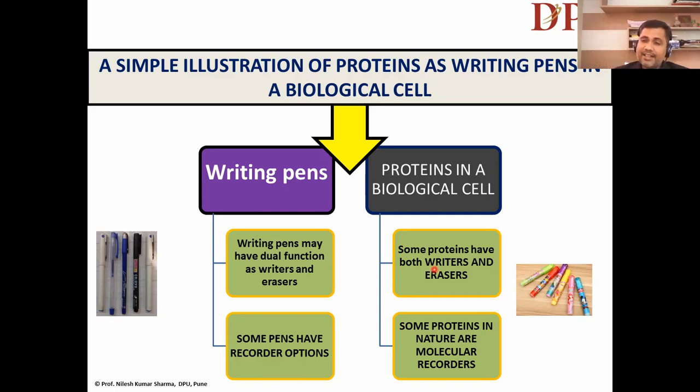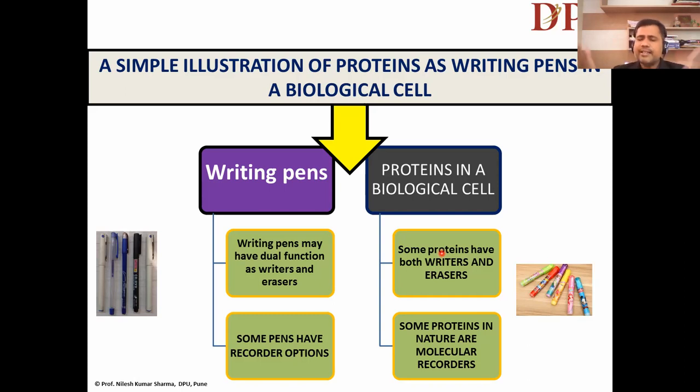Interesting, I also noticed that nowadays some writing pens are equipped with recorder facilities. If you look here, some of the pens have them. Surprisingly, we even proposed way back that some proteins in a biological cell system have the capability to serve as molecular recorders.